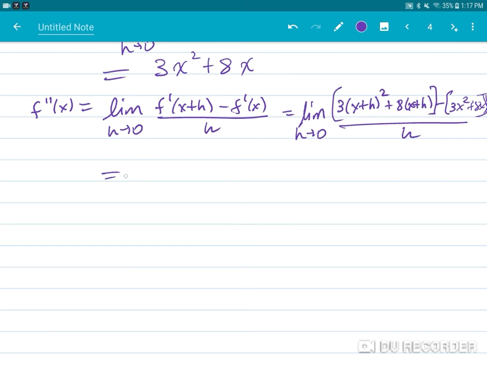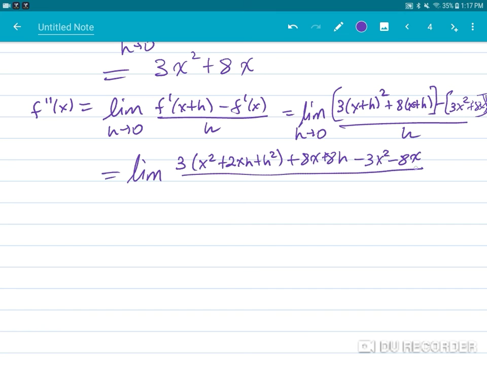So I'll FOIL that to get x squared plus 2xh plus h squared. Distribute the 3, and the 8 to get 8x plus 8h. Distribute the minus, 3x squared minus 8x, divided by h as h approaches 0.